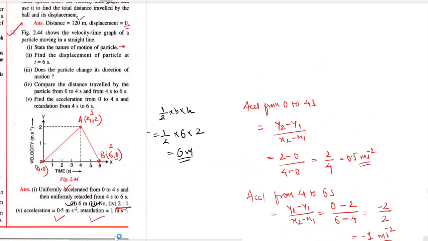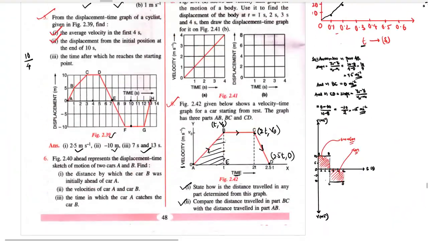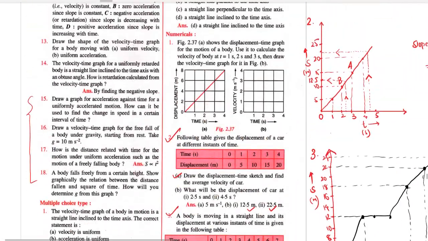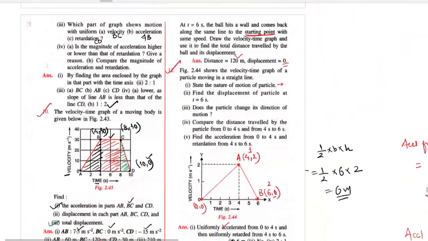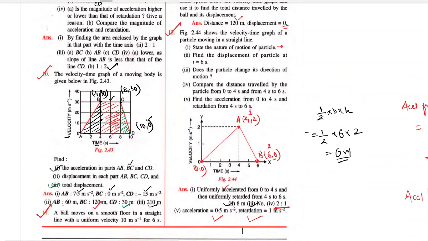All the doubts which I could, I covered in this particular exercise, and I think most of the doubts students had from exercise 2B numericals are now solved. Some students were telling me question number 14 is a doubt. In my textbook there is no question number 14, maybe I have an old textbook.